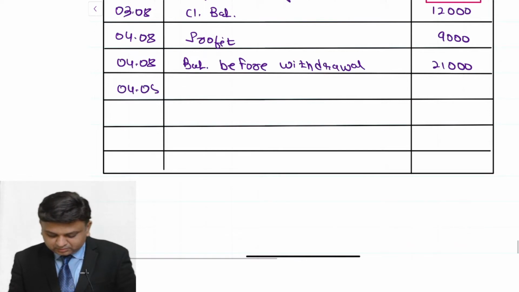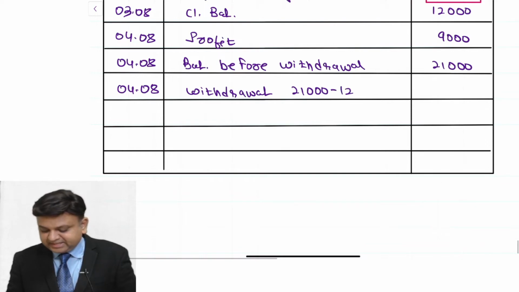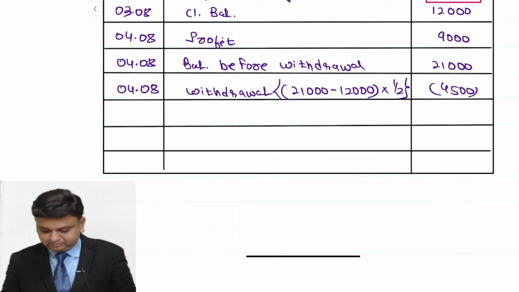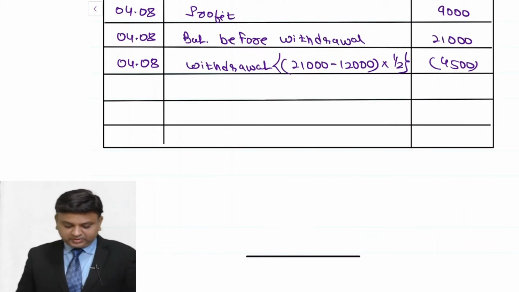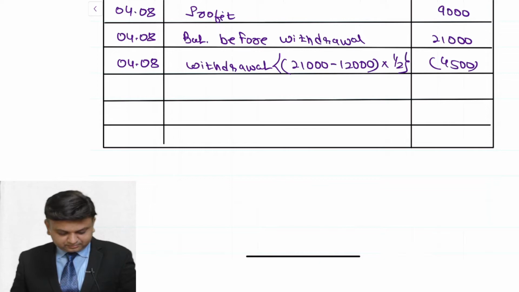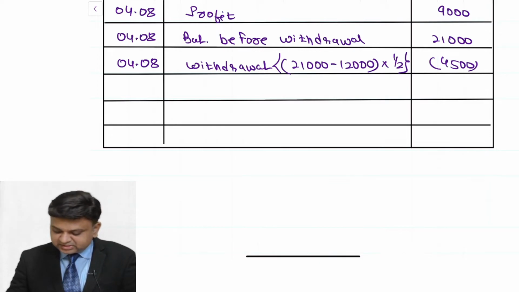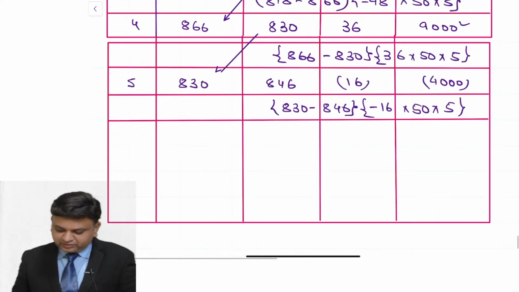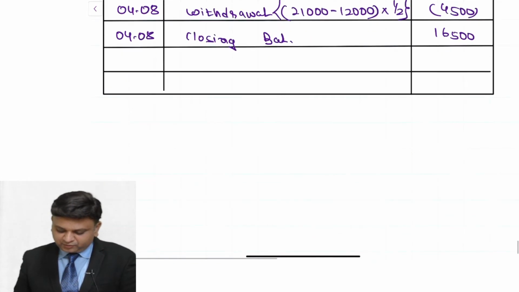So on 4th, amount of withdrawal: 21,000 minus 12,000, so that comes to 9,000 into 1 by 2. So it comes to 4,500. So 21,000 minus 4,500 is 16,500. So on 4th, this is the closing balance. On 5th, again there is a loss of 4,000.